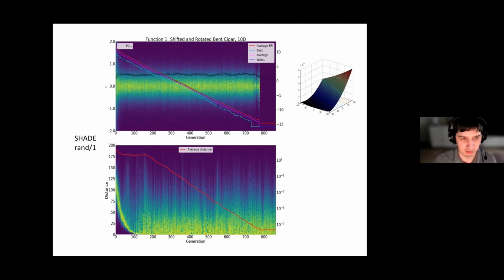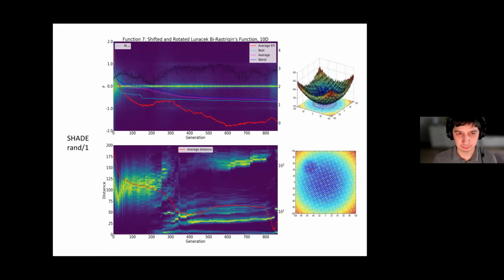And this is with SHADE with rand1 strategy. What if we go to something like the Rastrigin function? Here we will get a picture like this. So in the upper part, you can see that there is the same straight line close to 0. So local search is good. And as I showed before in these movies, this is because actually differential evolution only searches in the local optima of the Rastrigin function.